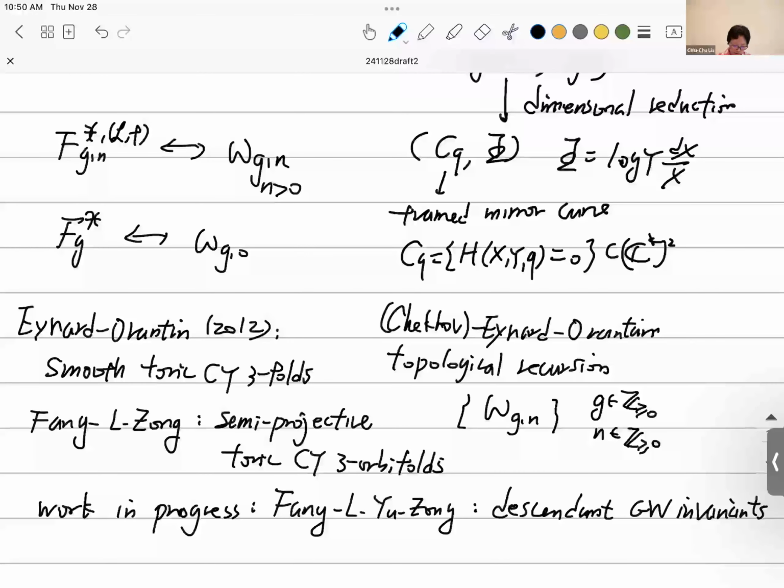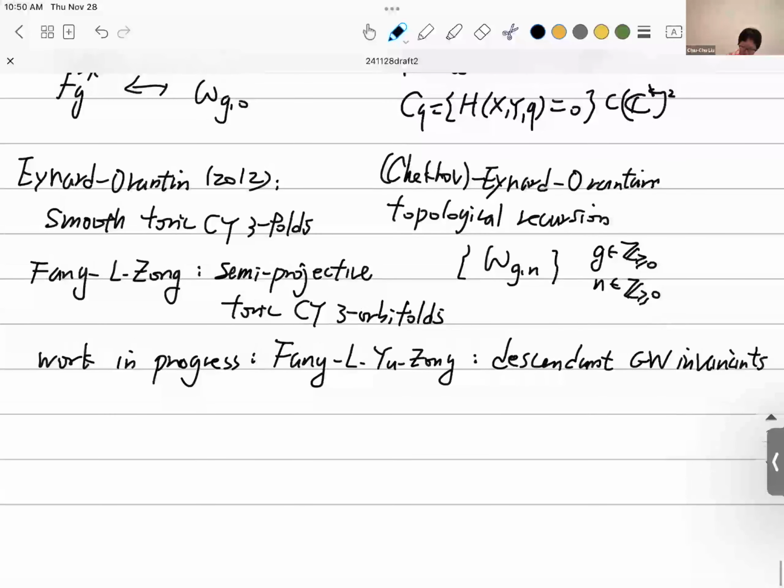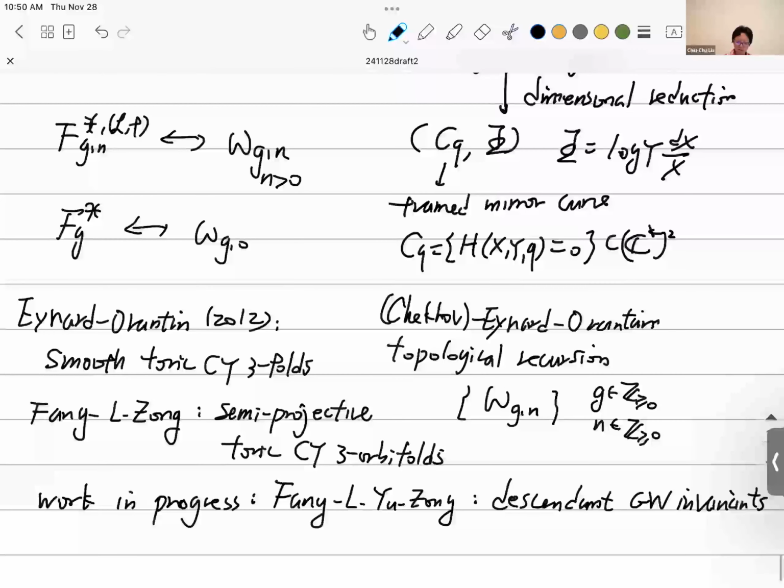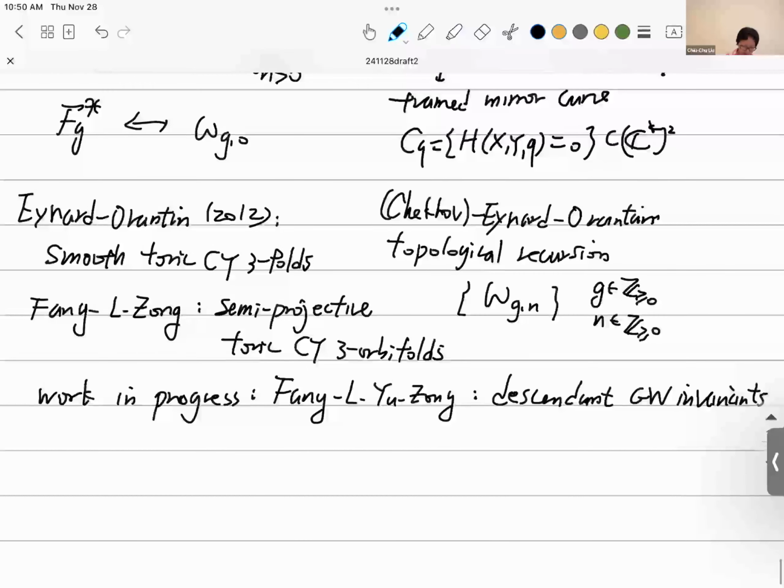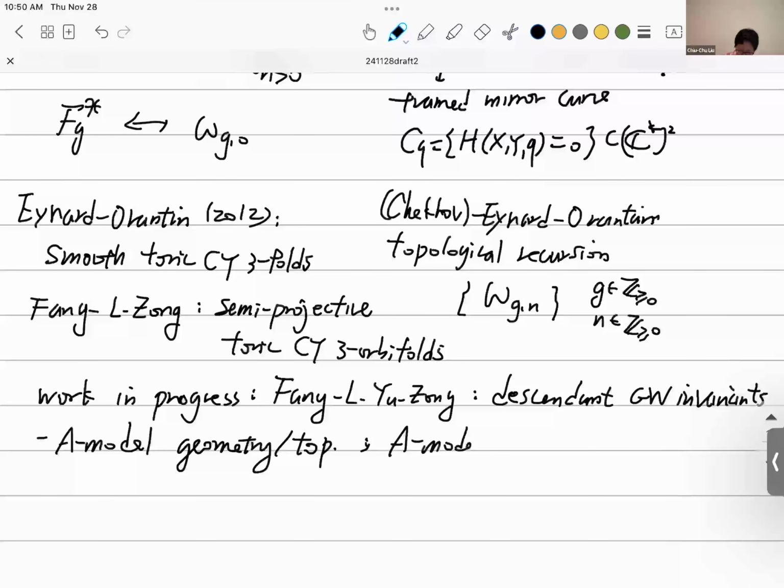So this is an overview. In the last lecture, we will first define the A-model geometry and topology, and also define A-model topological strings, in the open sector and closed sector, and also the primary and descendant invariants.